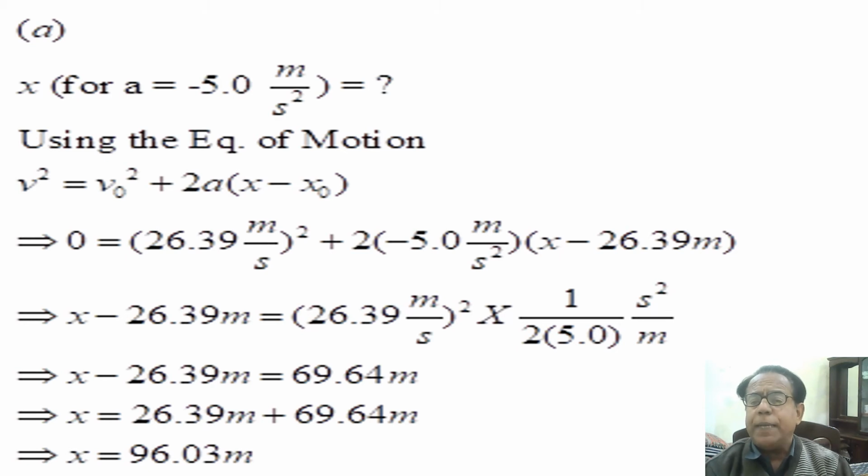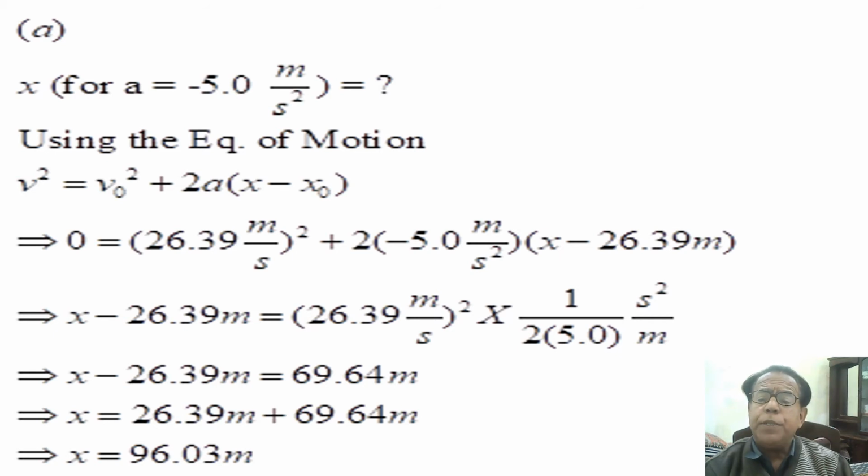This implies that 0 is equal to 26.39 meter per second whole square plus 2 into minus 5.0 meter per second square into x minus 26.39 meter.